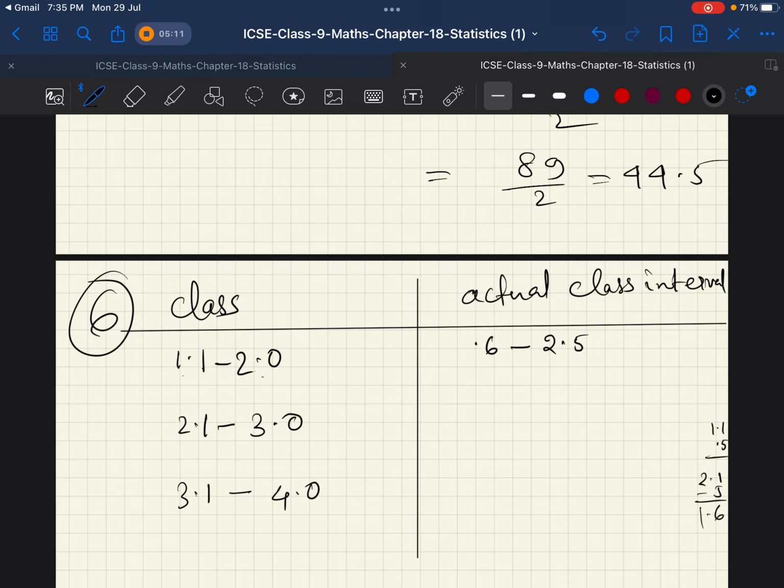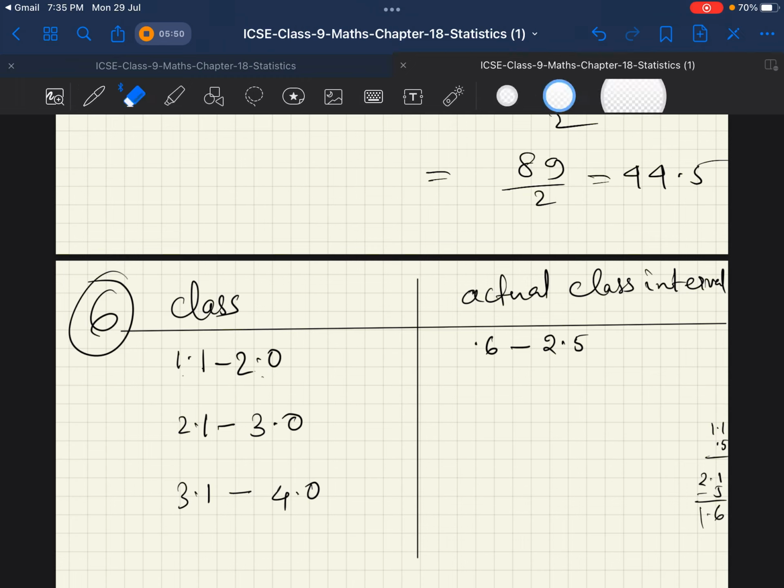So here you see the actual lower and actual upper class limits. So this is 1.1 to 2 and 2.1 to 3, 3.1 to 4.